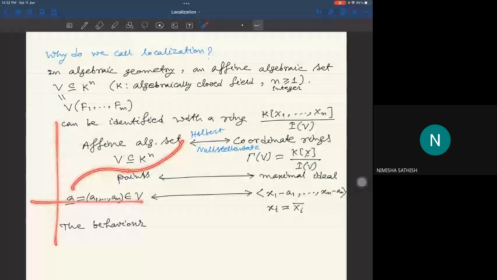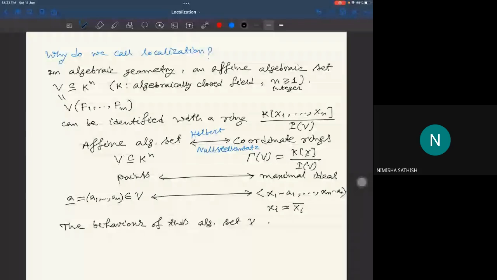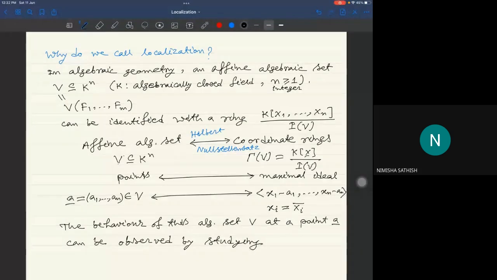So the behavior of this algebraic set V at a point a can be observed by studying the local ring.